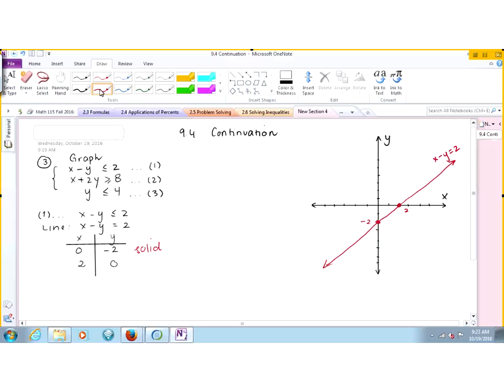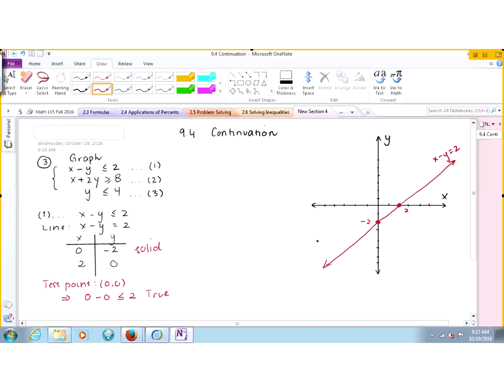Now, what test point should we choose? Yes, (0, 0) is not on the line, so let's choose (0, 0). We have 0 minus 0 is less than or equal to 2. Is it true or false? True.